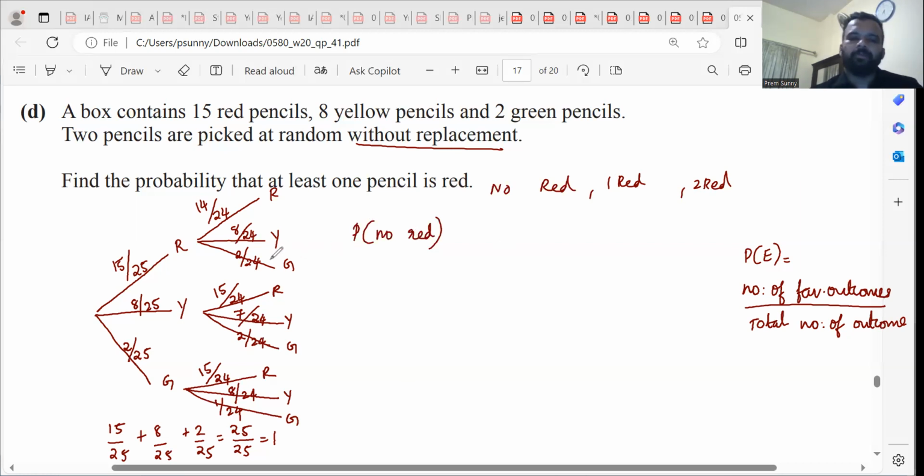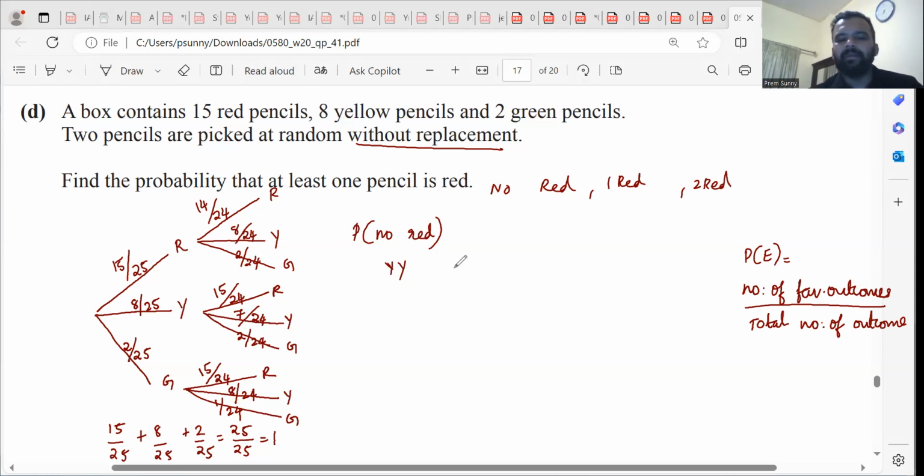Now the probability of no red, not getting any red. So how many chances are there? In the first attempt, if I'm getting red, I cannot take this branch because already I'm getting red here. In the second attempt, first case is yellow in the first attempt, then yellow and yellow, that means I'm not getting any red.